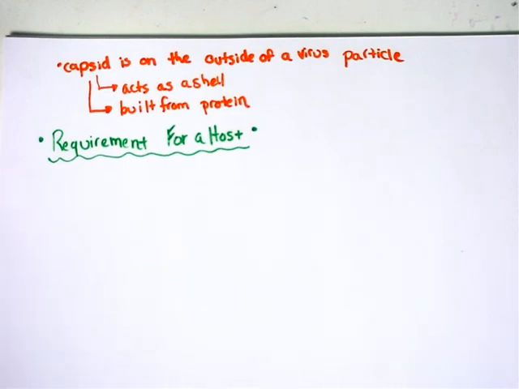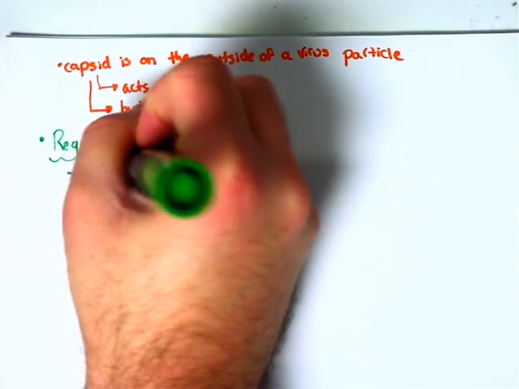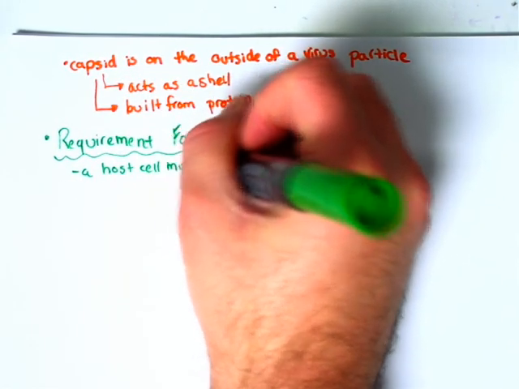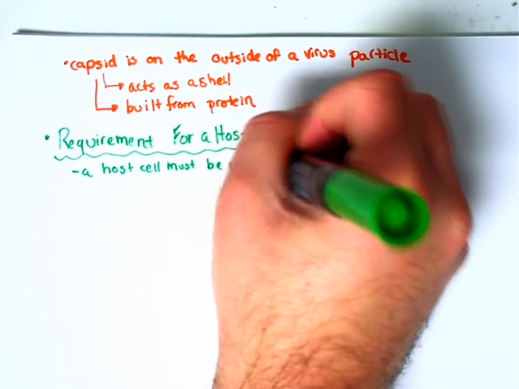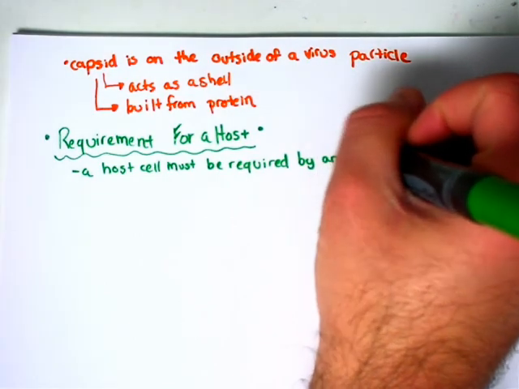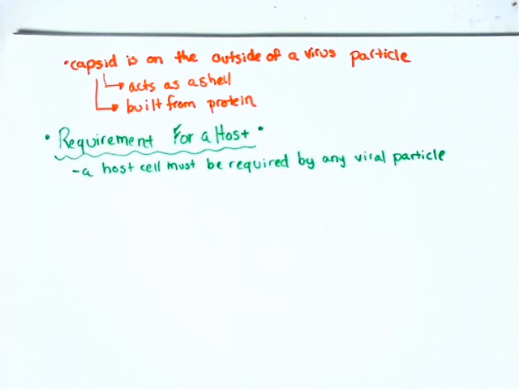A virus particle cannot do that. So, for sure, we could say that a host cell must be required by any viral particle. So again, any virus must have a host to do its dirty work.